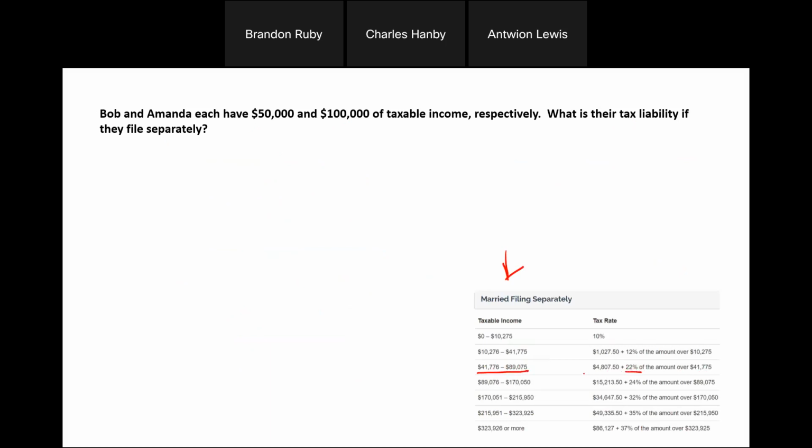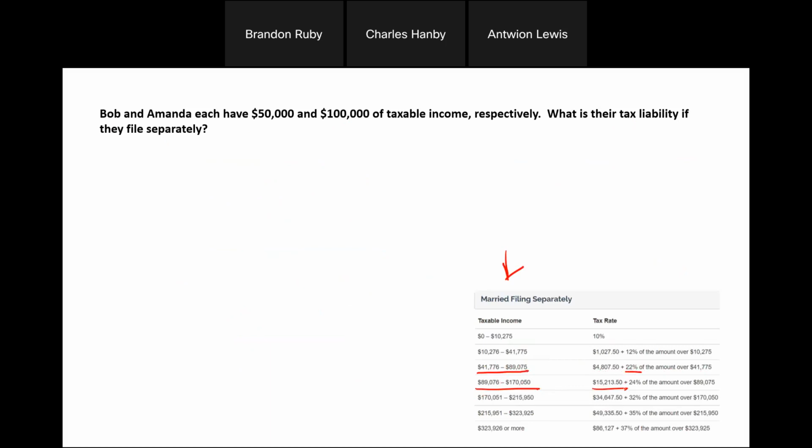It's $4,807.50 plus 22% of the amount over 41,775. Amanda is going to go into the next tax bracket.